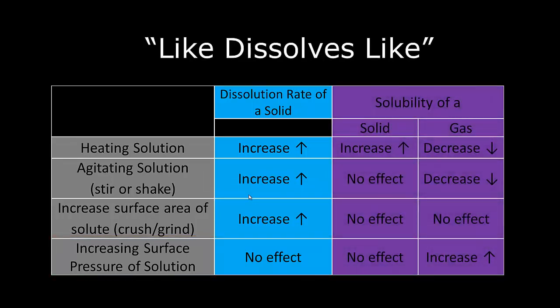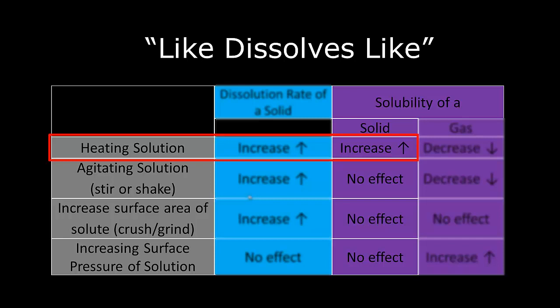Now let's talk about solubility of solids. If you heat a solution, the solubility of a solid will increase. The amount that you can dissolve will increase almost always. If you agitate the solution, if you stir or shake it, it has no effect, because the amount that can dissolve has absolutely nothing to do with if you stir or shake. Now, the rate at which it will dissolve, how quickly it will, has something to do with that, but it has no effect on how much will dissolve in there.